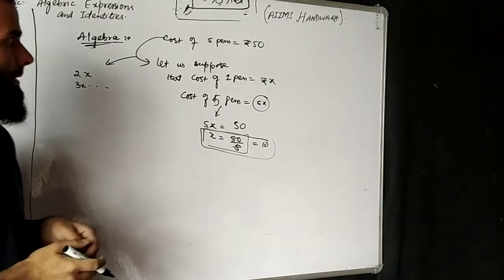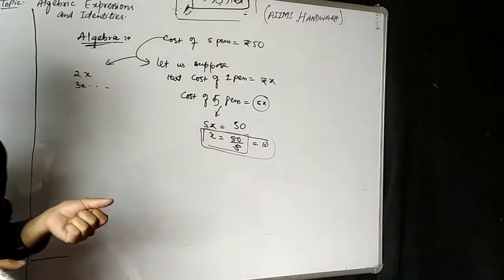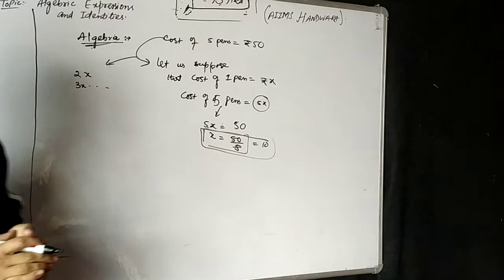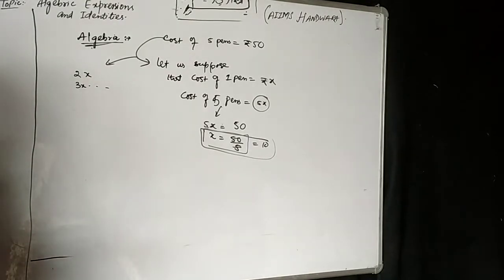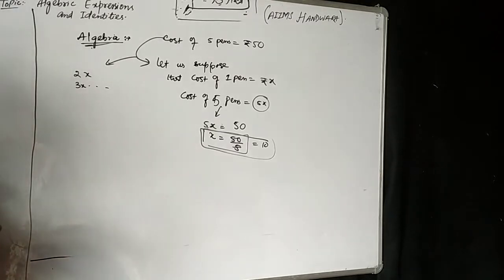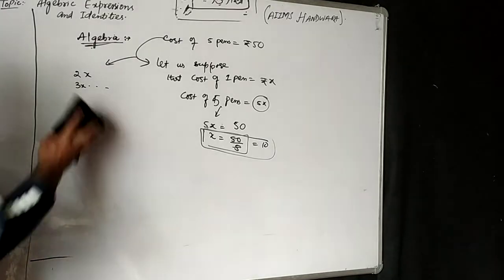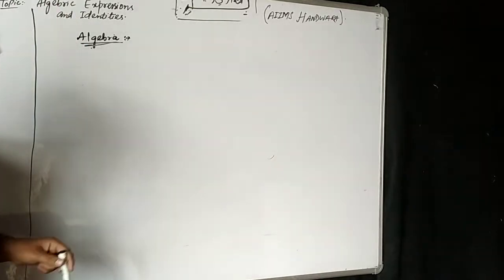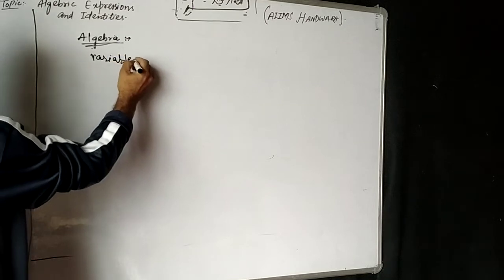So in algebra, the letters we used here are called variables. And you must know what a variable is. A variable is that quantity whose value always changes. It is the important thing to learn here.